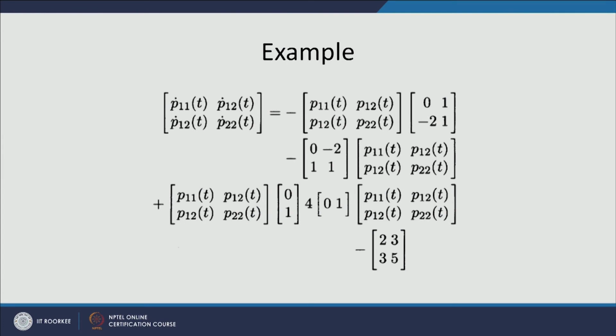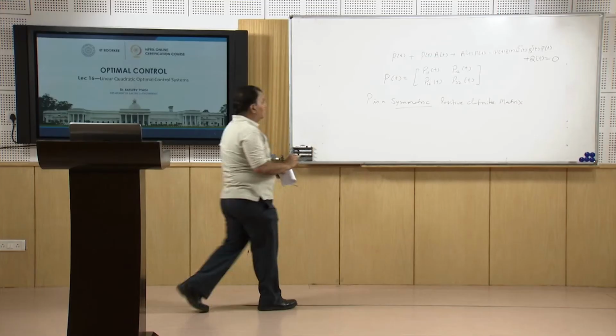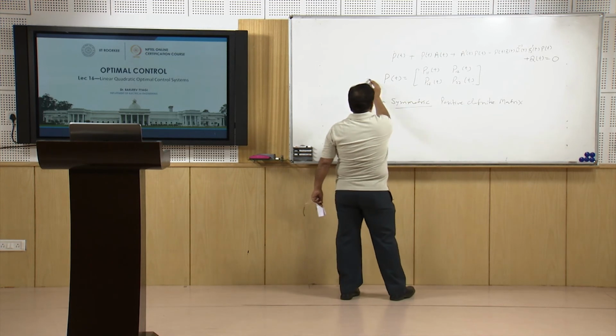If I simplify this matrix I will get these 3 equations, P11 dot in terms of P12. These are interrelated equations, but I have to solve them for P11 dot, P12 dot and P22 dot to get the value of my P matrix.